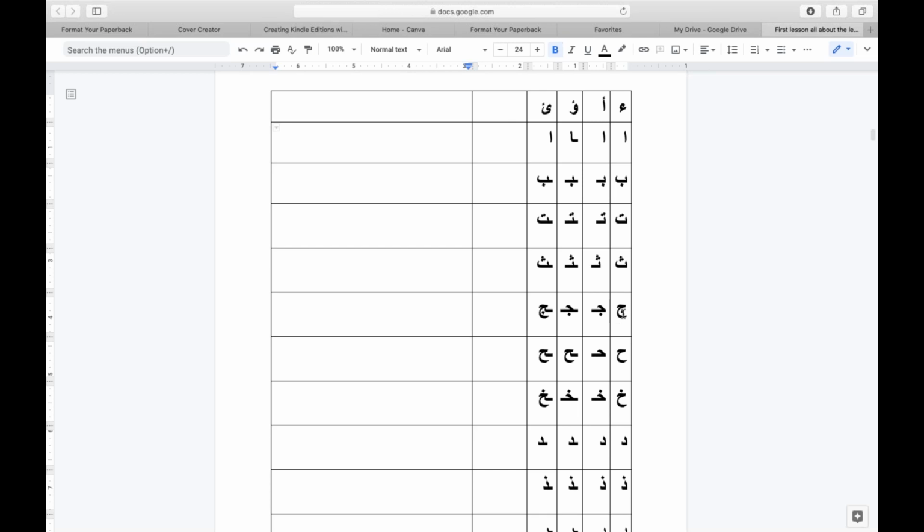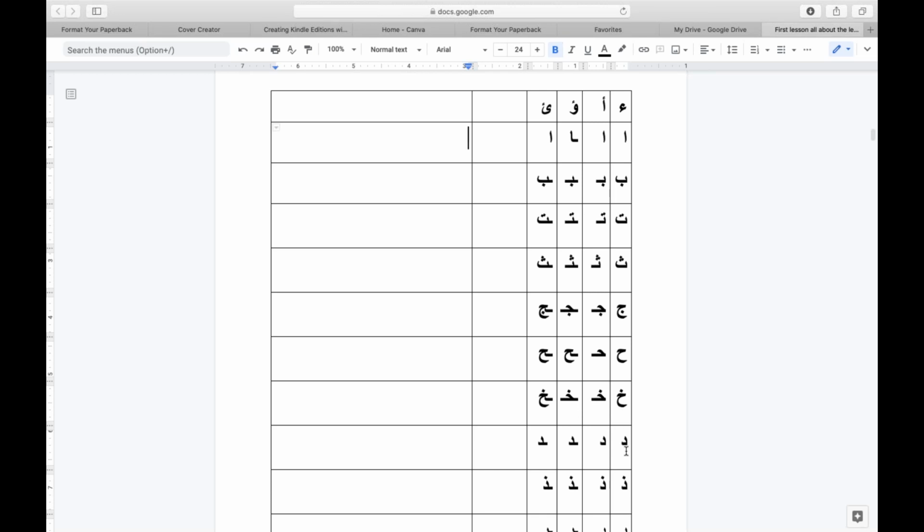At the beginning, this is by itself, isolated. Jim at the beginning, in the middle, at the end. Ha, again four different shapes, isolated, in the beginning, in the middle, at the end. Kha, the same story. Four different shapes, isolated, at the beginning, in the middle, at the end.